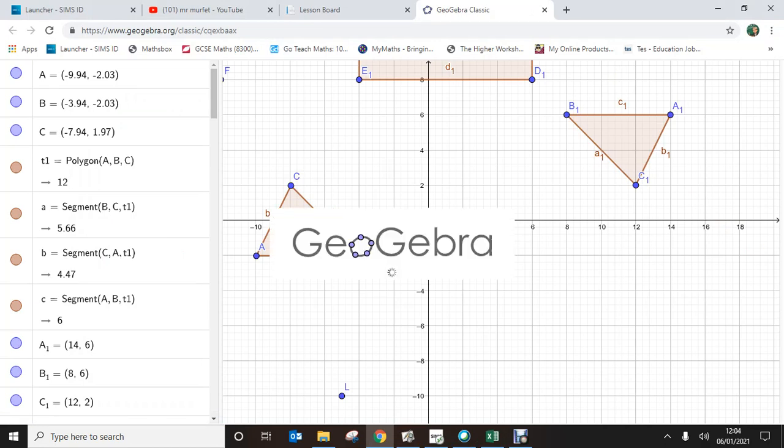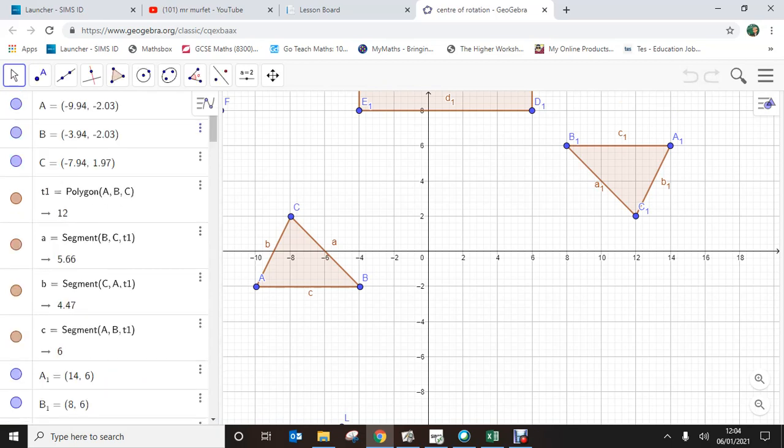Okay, so looking at this, I've got some shapes that I've drawn on here. We're going to look at the two triangles for a start. This triangle is the original, and then this is the copy. This has been rotated. You can see that point B has rotated to the top, point A has rotated to the top.